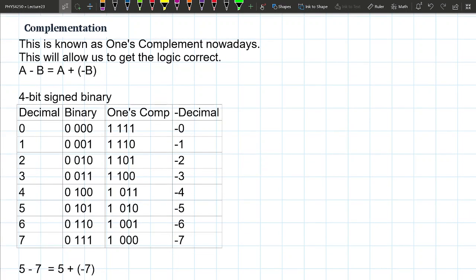complementation. Back in trigonometry, when you have an angle, let's say 45 degrees, do you remember what the complement of 45 degrees is? It's 45, okay.